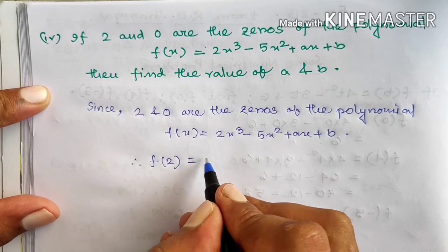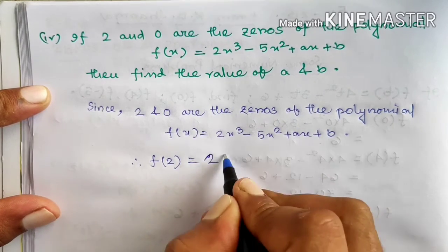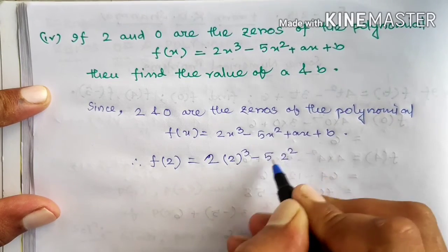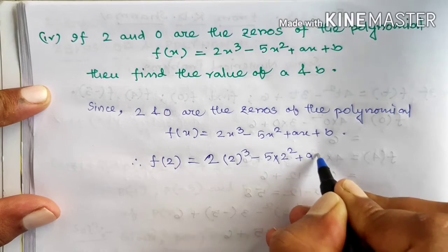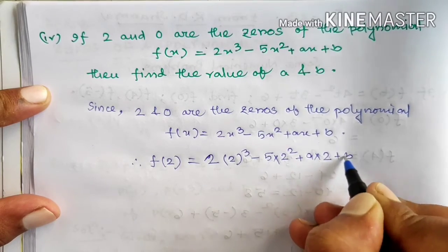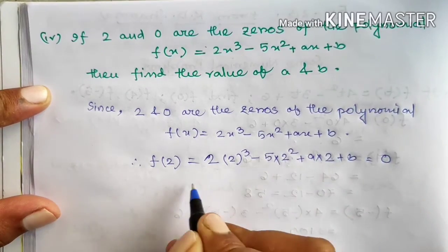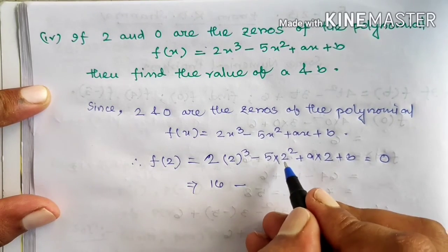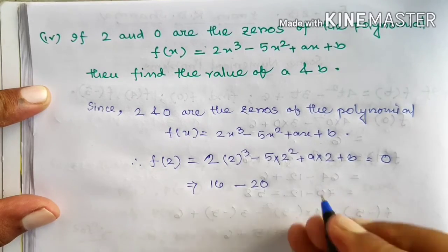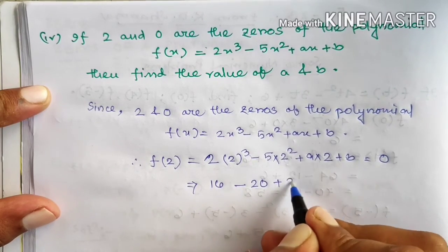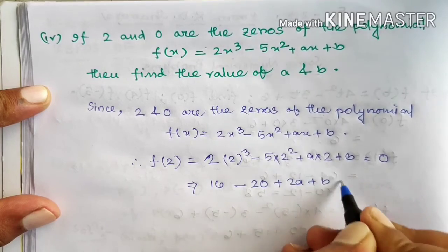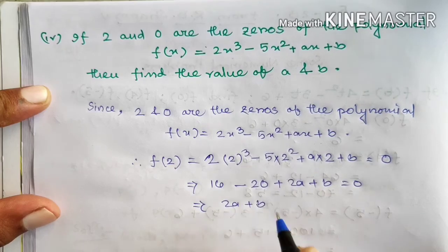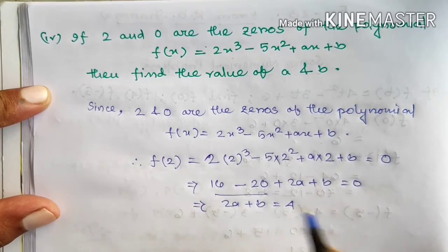Therefore f of 2 equal to 2 into 2 cube minus 5 into 2 square plus a into 2 plus b must be 0, which implies 16 minus 20 plus 2a plus b equal to 0, which implies 2a plus b equal to 4.